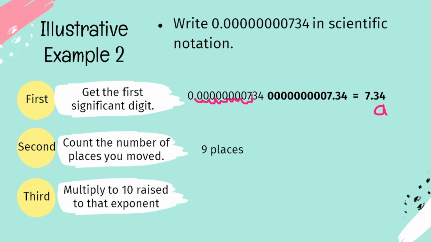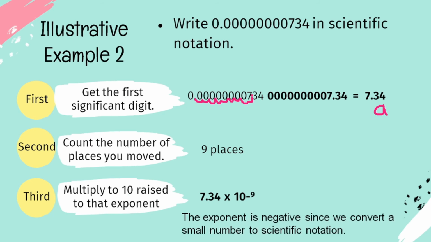Ngayon naman, ano kaya mangyayari kay 9? Magiging siya ay 7.34, yung ating A kanina, ayan, kopyahin lang natin, multiply to 10 raised to negative 9. So, bakit negative 9? Since we convert a small number to scientific notation, naging negative yung exponent niya. Ibig sabihin, very small number naman yung ating kinonvert, that's why ang ating exponent is negative.